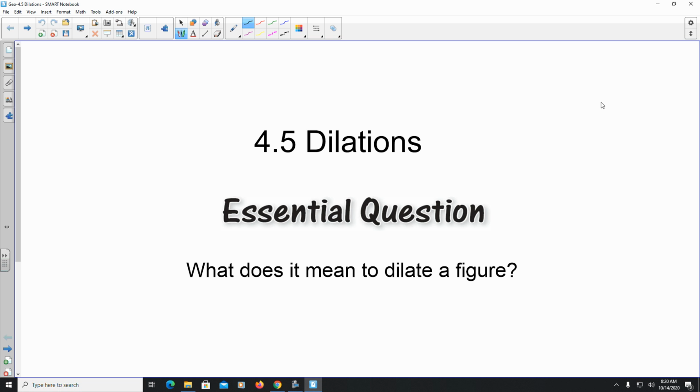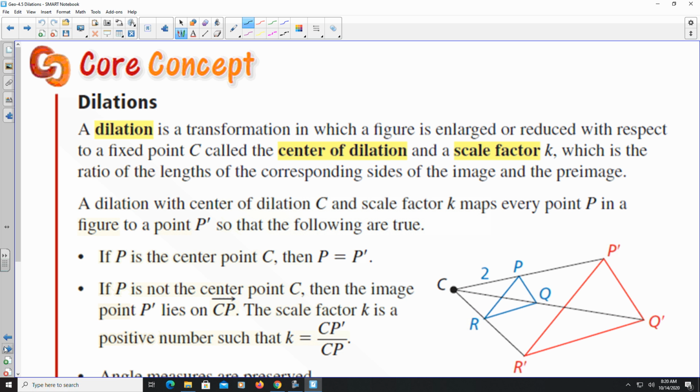So dilation means you are changing the size of your figure, and a dilation could be larger. It also could be smaller than the original figure, and it all depends on your scale factor. Okay, it all depends on your scale factor.